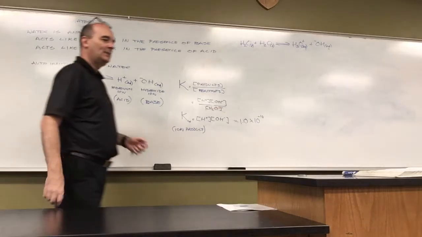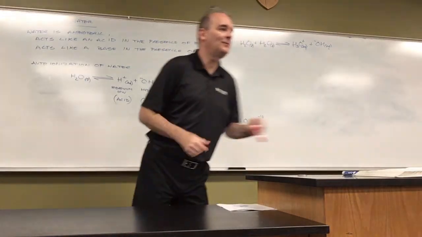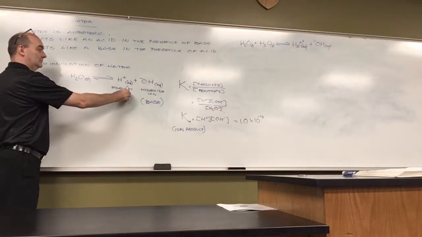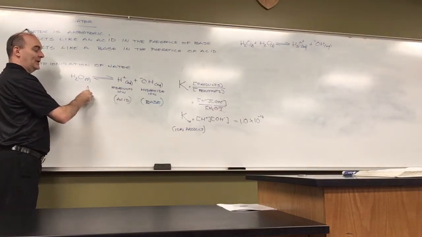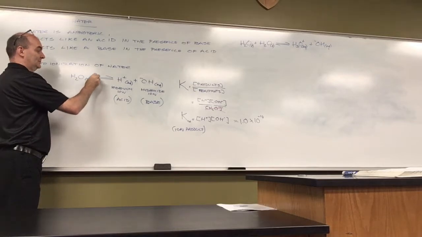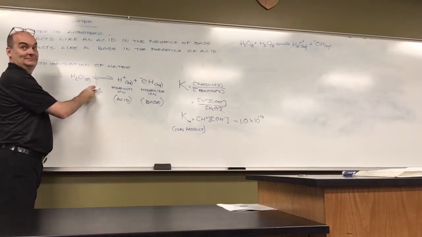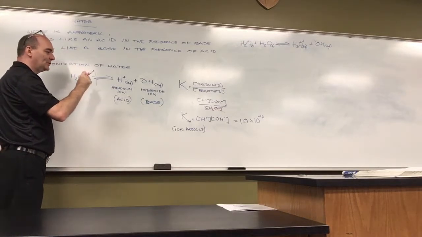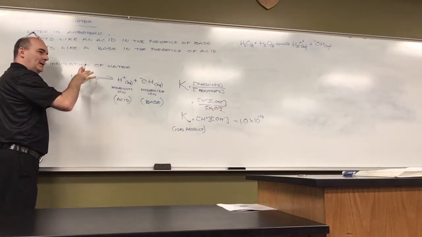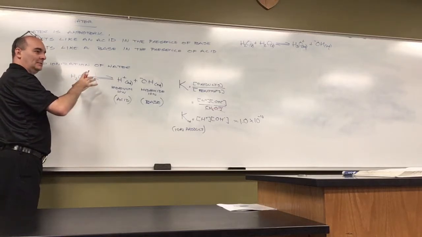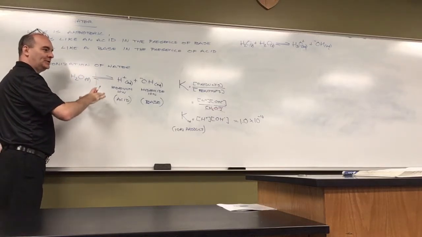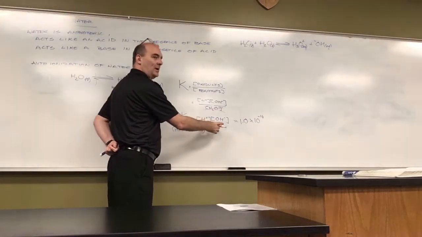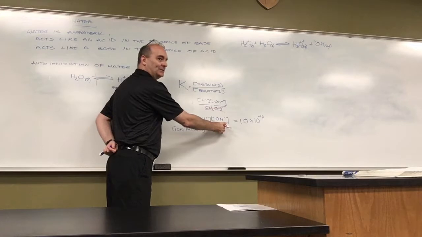Where on my equilibrium is 10 to the negative 14? Right side or left side? How far to the left? Only a tiny amount. So if we have a beaker of pure water, a tiny amount of it has split apart to make acid and base.